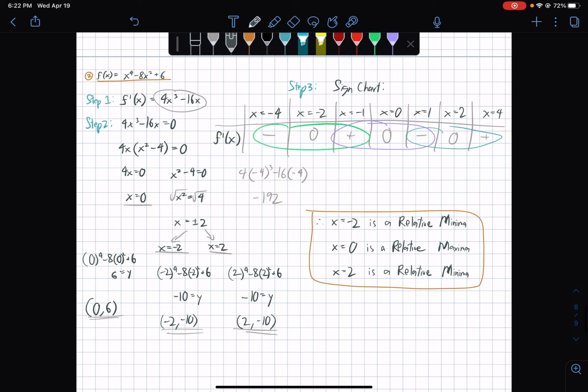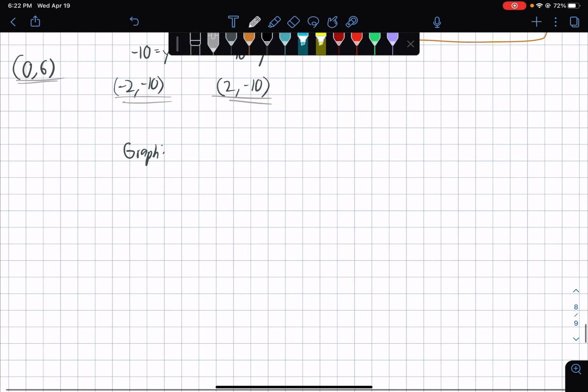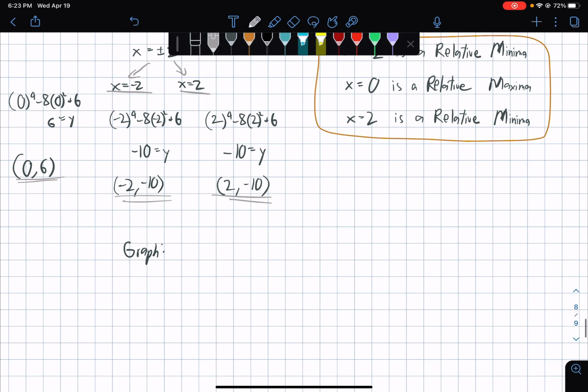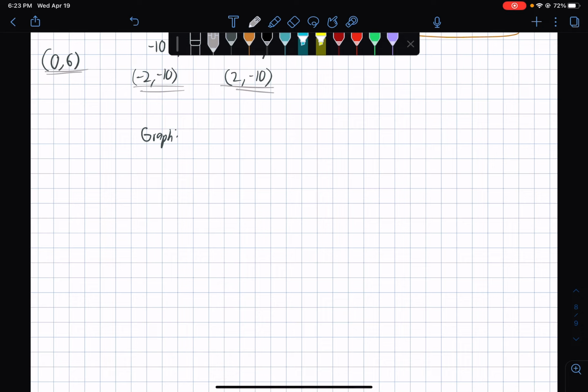Okay, now let's graph it. Should be easy, given that we already know the relative minima and maxima critical points. 0, 6. Let's just assume that per box, this is just one each. So unlike a while ago.